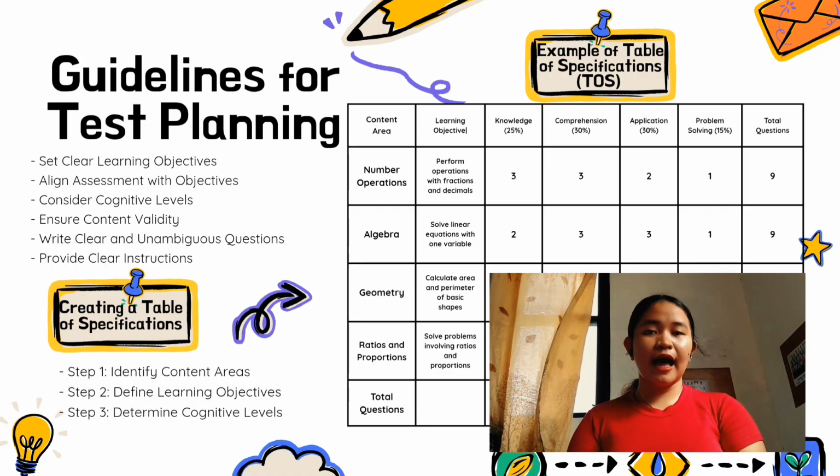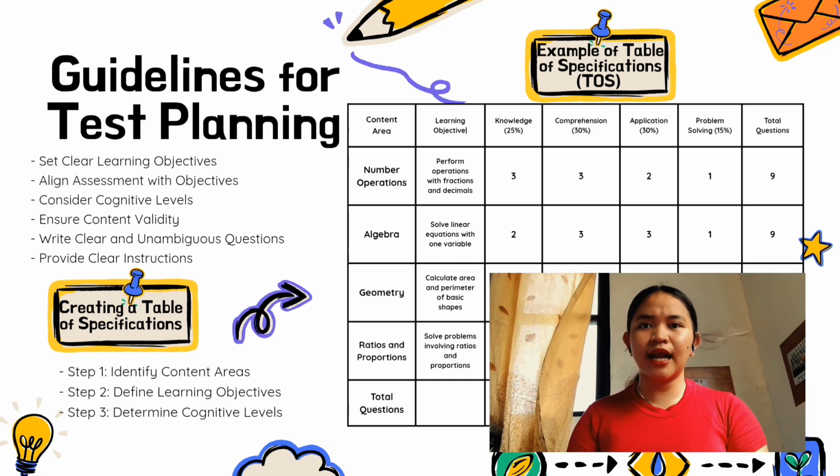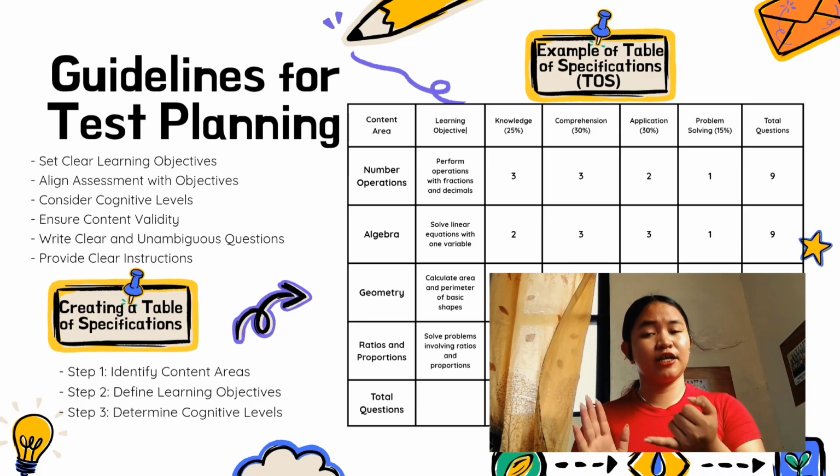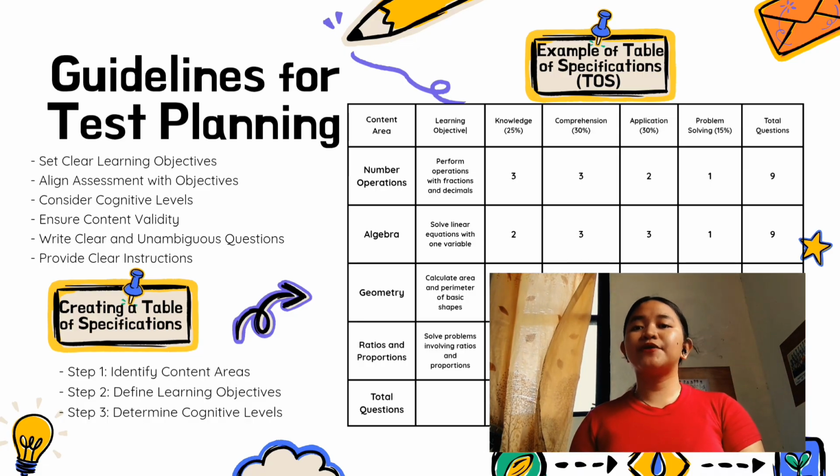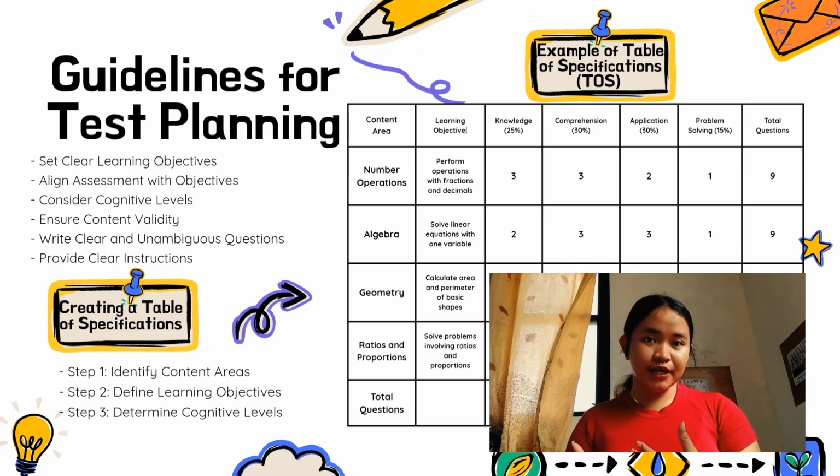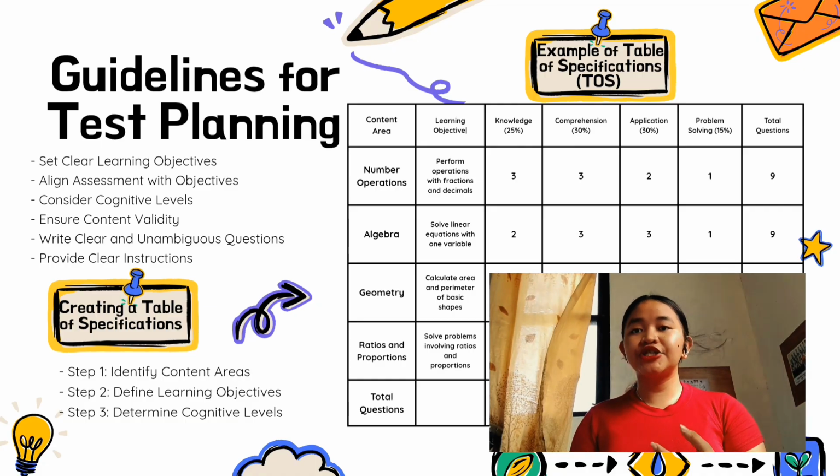Now, we have guidelines for test planning. First, we need to set clear learning objectives. Bakit nga ba kailangan natin mag-set ng clear learning objectives? First, objectives should be specific, measurable, achievable, relevant, and time-bound, or let's say, SMART.